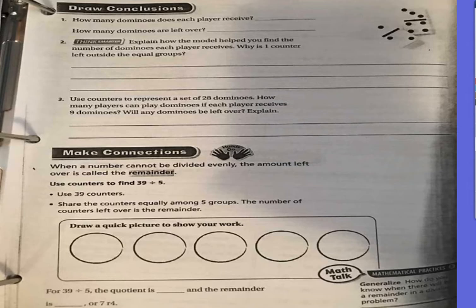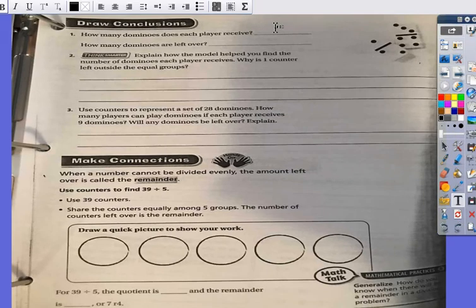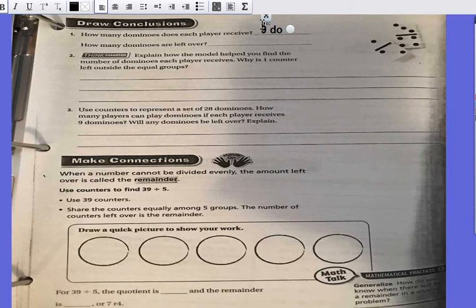So each player is going to get 9 dominoes. And then how many dominoes were left over? This is basically just finishing up what I said. You have 1 domino left. Alright, so let's go to number 2.